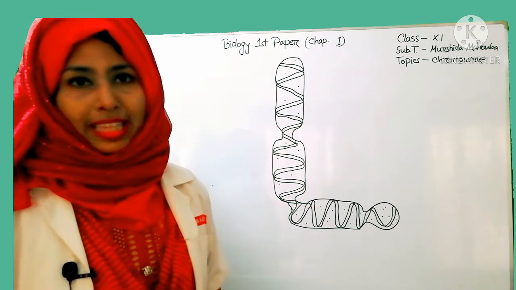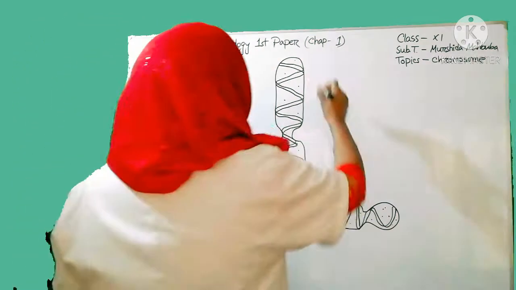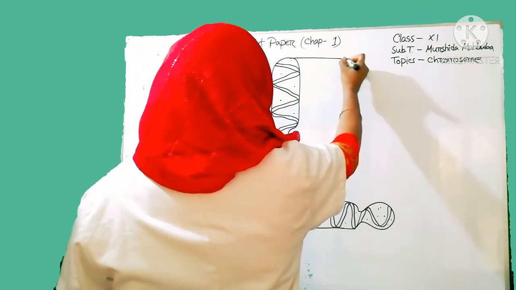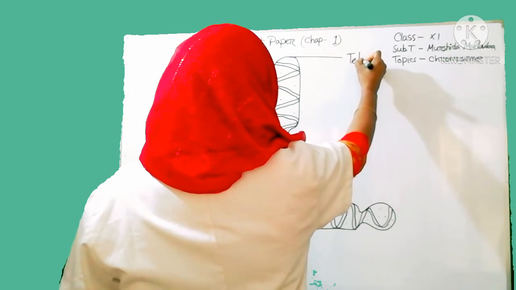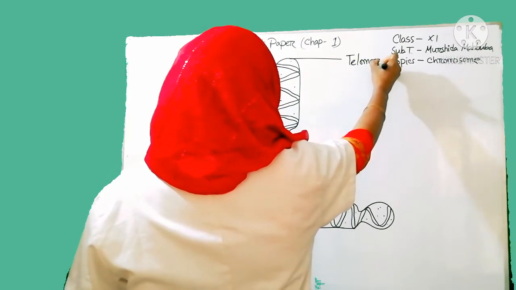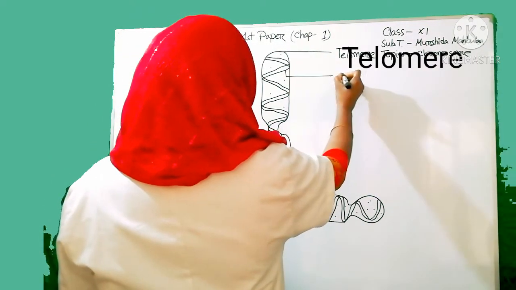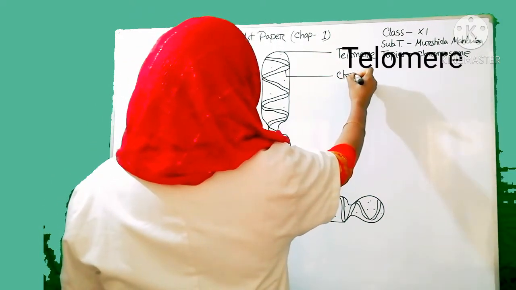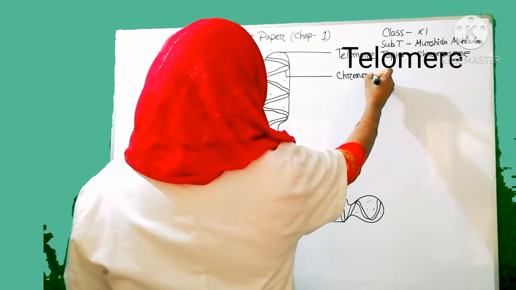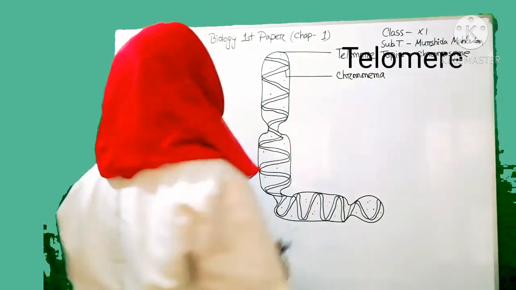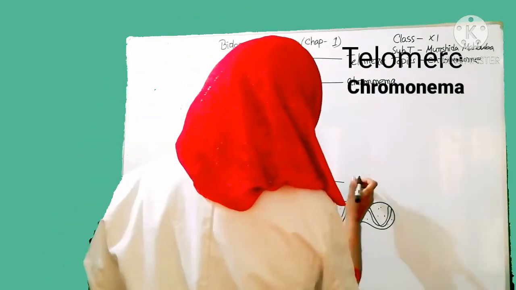Okay, now we label it. This is telomere. They are chromonema. This is the centromere.